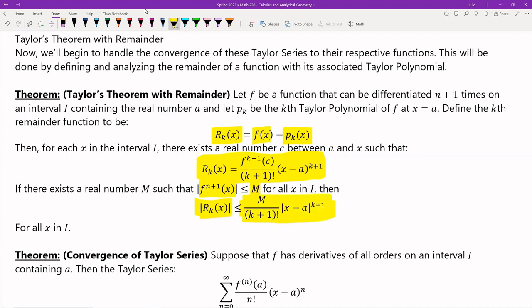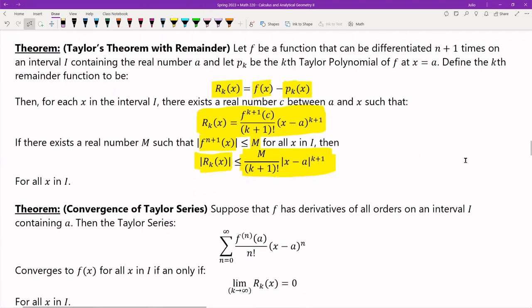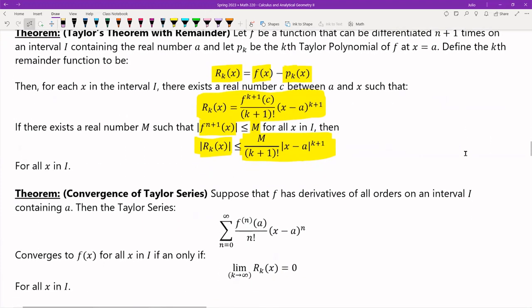If you want to look at the specifics for all of this, it's all in the textbook. This is basically studying the remainder, defining it, and then bounding the remainder from above by a specific value. And it is used in conjunction with the thing from below.